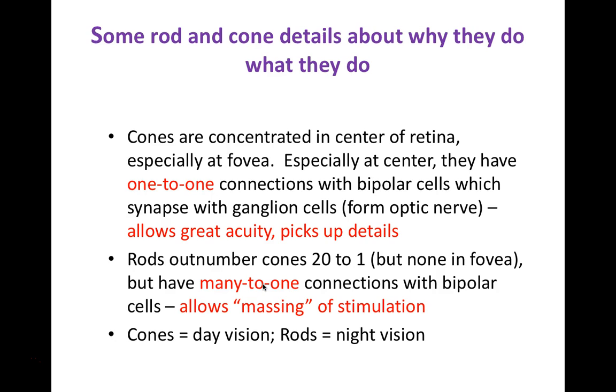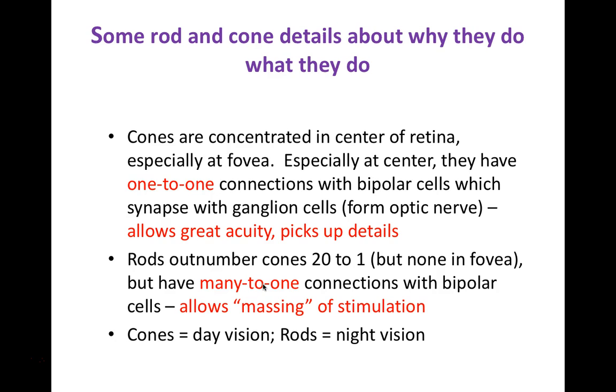So why is that significant? Well, it allows a pooling or a massing of stimulation. You're getting a little stimulation from a lot of rods because it's a dim stimulus. It's dark and it's a very dim light, but you're able to see it because a lot of rods are being stimulated by it. Because they're connected to a single bipolar cell, it allows that information to add up.